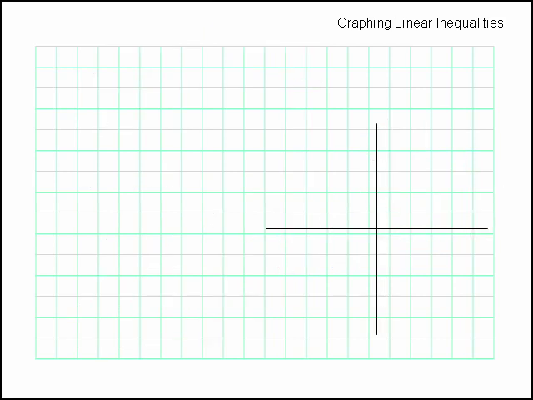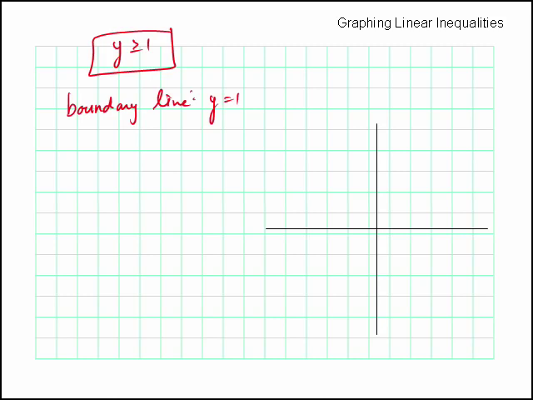So what do we do if we have something like y greater than or equal to 1? Well, the boundary line is y equals 1. And we learned in a previous section that that's just a horizontal line that looks like this, up here at 1.